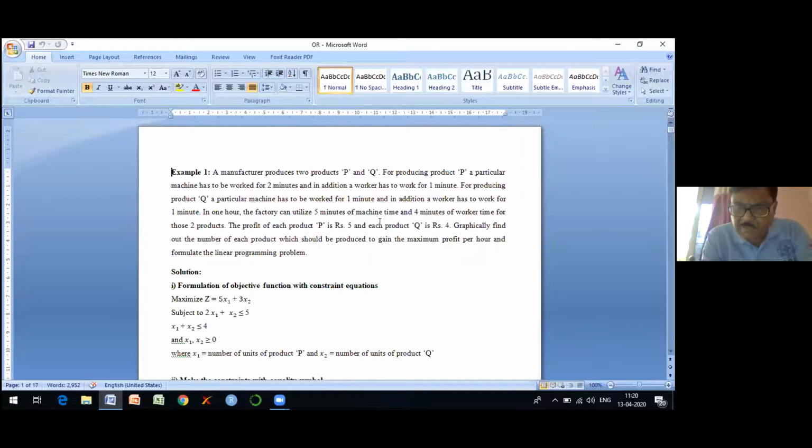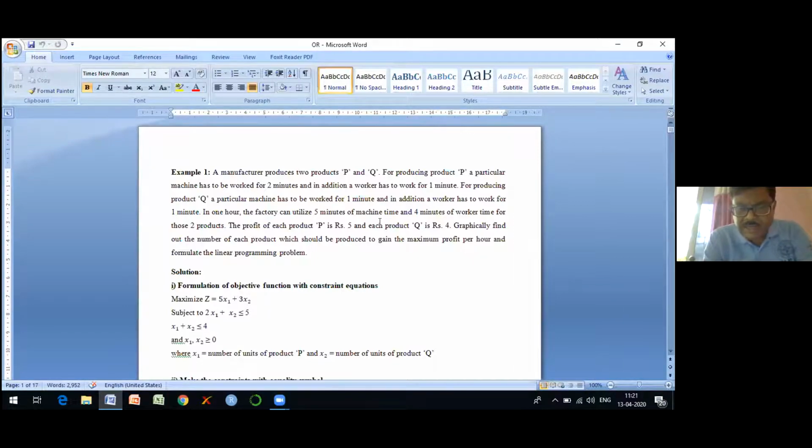The maximum machine time that you can allot per hour to produce either product P or product Q or both is 5 minutes per hour.